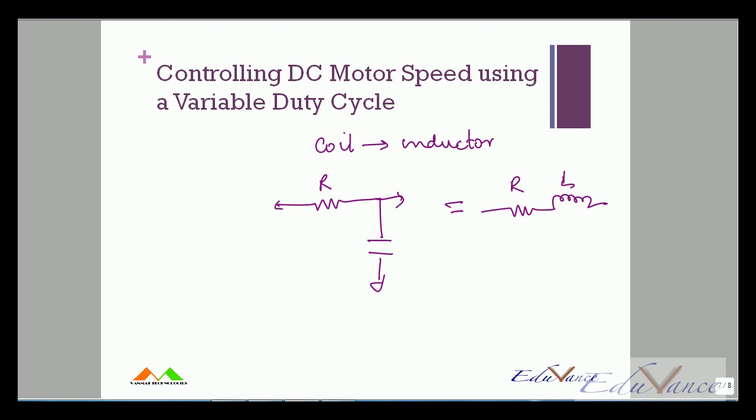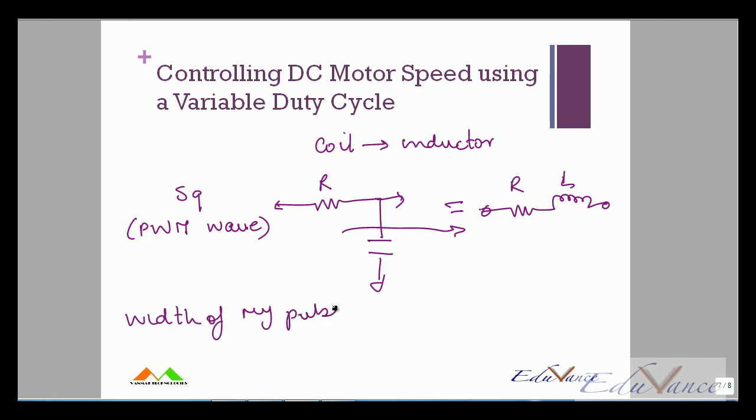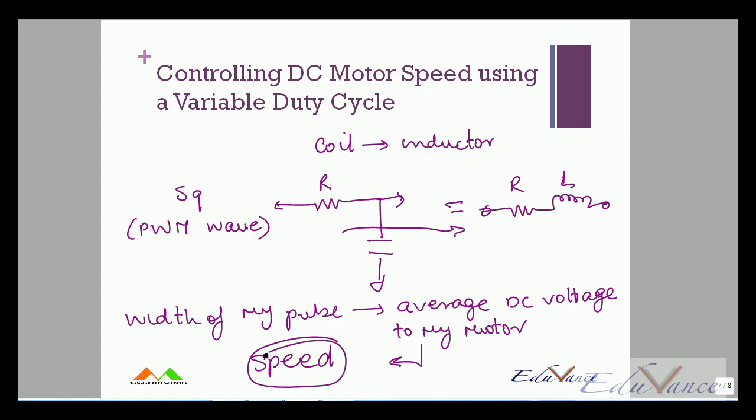That said, if I apply my square wave, or I'll be more specific and say a PWM wave, or pulse width modulated wave, to my motor, which is your RL, because the motor has its own resistance and the coil acts as an inductor, the width of my pulse will thus change my average DC voltage to my motor. And as we all know, the average DC voltage of my motor will then affect the speed of my motor.